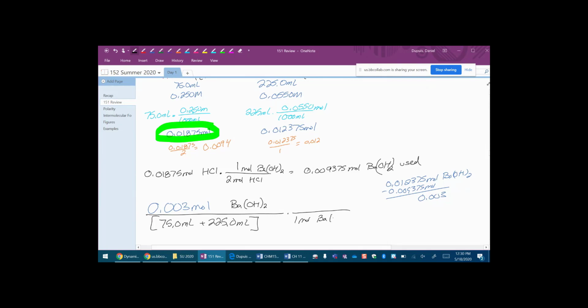All right. So 1 mole of barium hydroxide, 2 moles of hydroxide, and 1,000 milliliters per 1 liter. And that should give us our answer. So 0.003 times 2 divide, it's actually 300 times 1,000. 0.02.